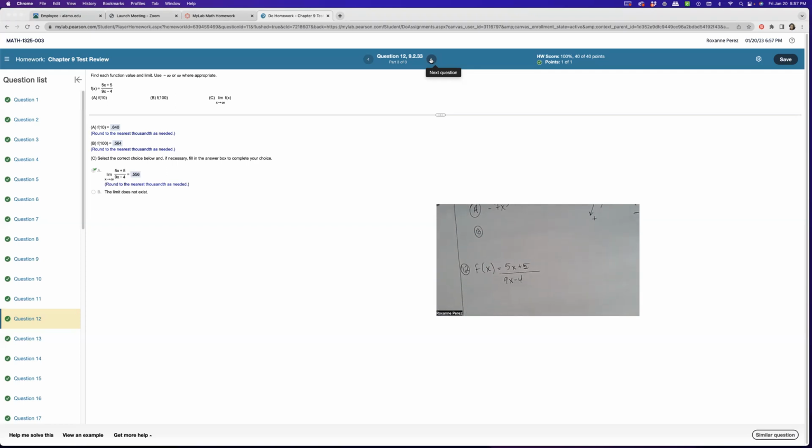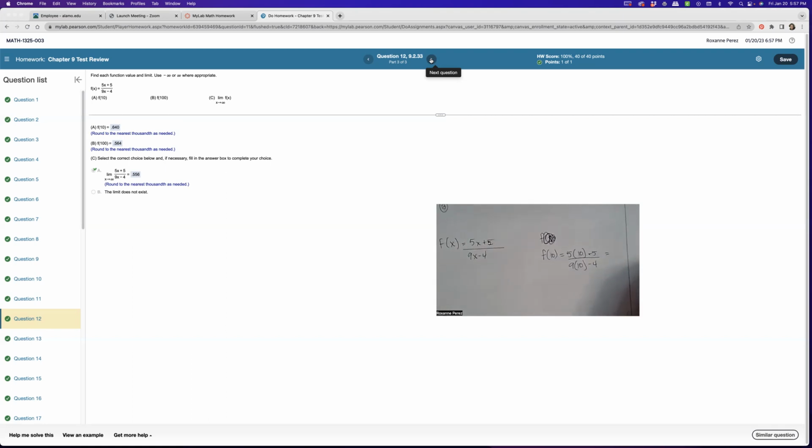So parts A and B, you can do directly, right? You can calculate f of x where x is 10. I'm just writing that messy. When x is 10, you're just going to evaluate the function. So 5 times 10 plus 5 over 9 times 10 minus 4.